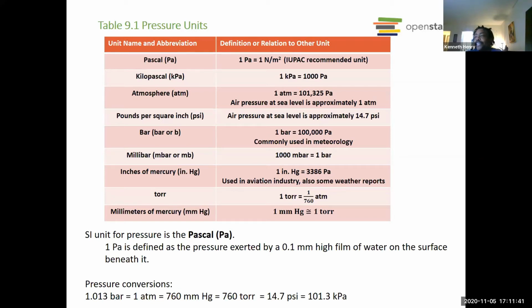And then we have inches of mercury. 1 inch of mercury is equal to 3,386 pascals. We have a torr. 1 atmosphere is equal to 760 torrs, or we could say 1 torr is equal to 1 over 760 atmospheres. And 1 millimeter of mercury is equal to 1 torr.